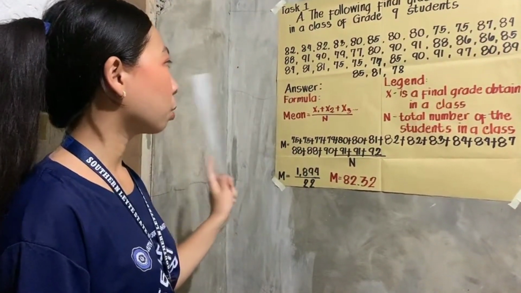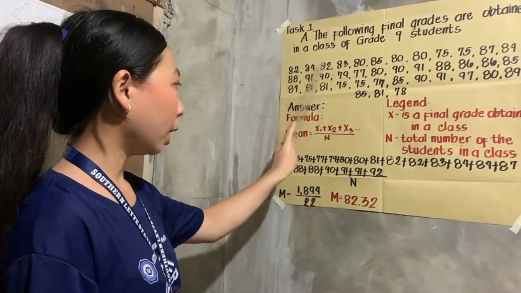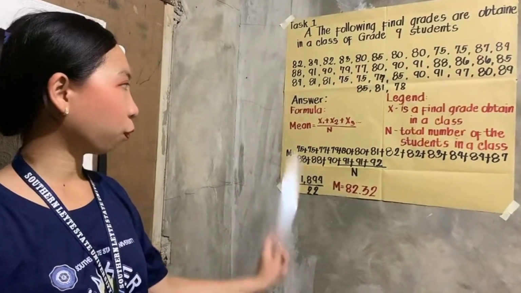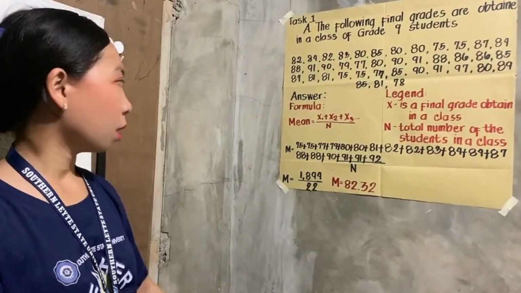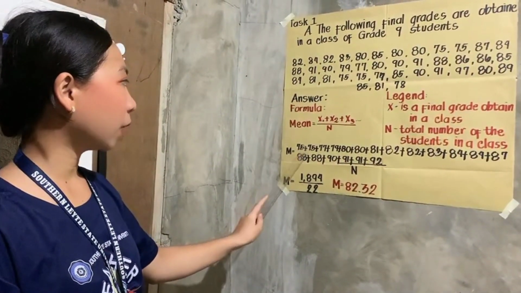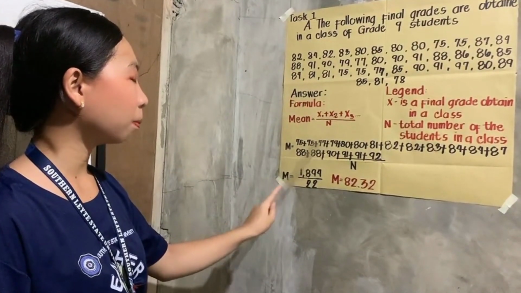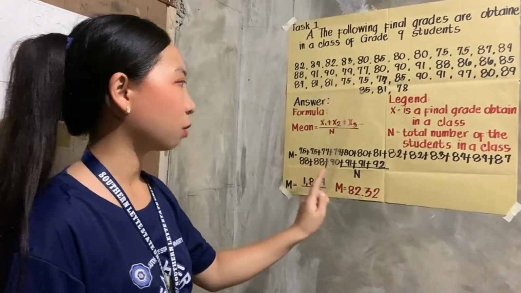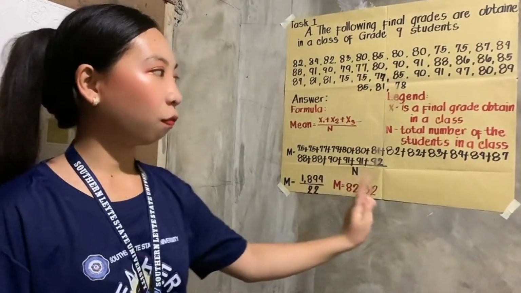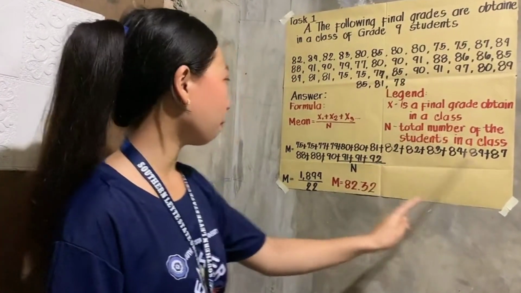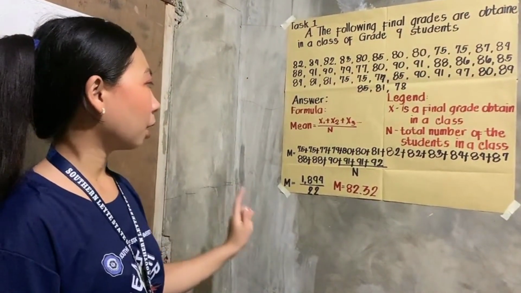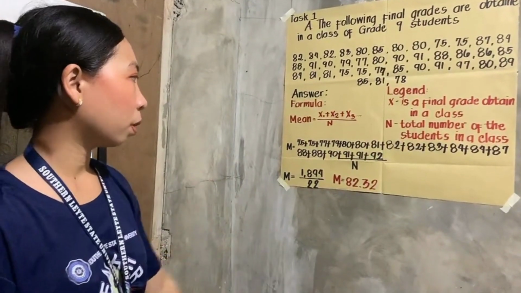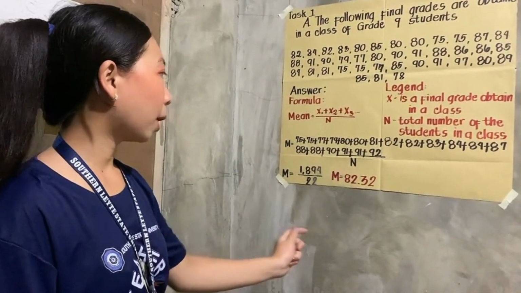So we're going to add all the grades, and before we add them, we need to arrange the sequence from lowest to highest. So that would be 75 plus 75 plus 77, 79 plus 80 plus 80 plus 81, 82 plus 82 plus 83 plus 84 plus 84 plus 87 plus 88 plus 88 plus 90, 91 plus 91 plus 92, divided by 22.